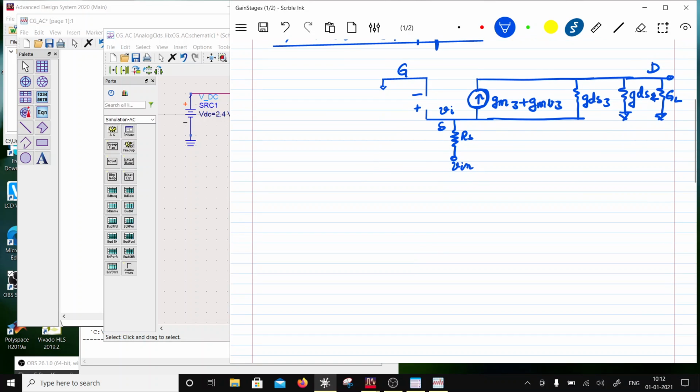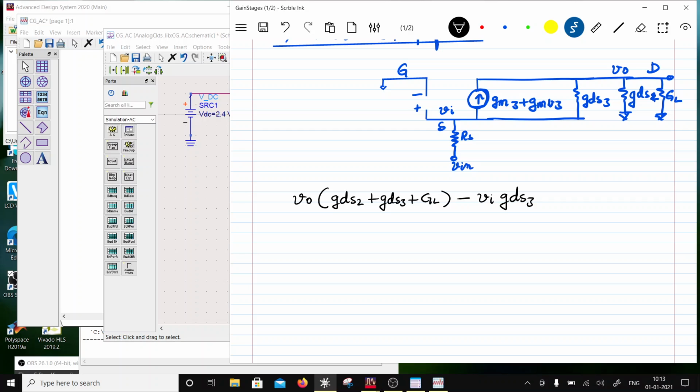At the output node, where the voltage is going to be VO, I'm going to write the equation, Kirchhoff's current law. VO times the conductances connected to it, gds2, gds3 plus GL. So these are the conductances connected to VO, minus VI times the adjoining node and in-between conductance, gds3.